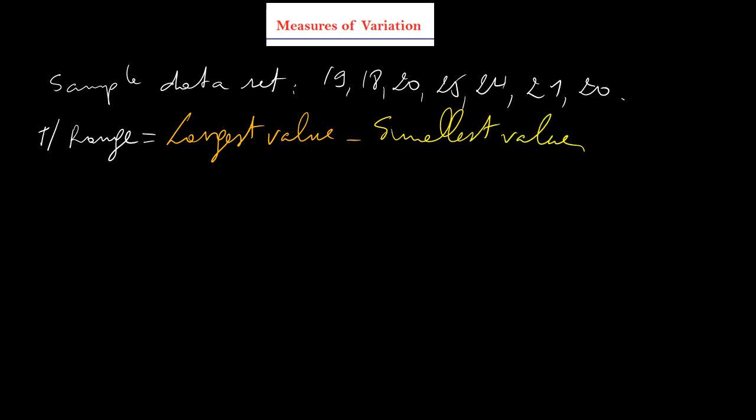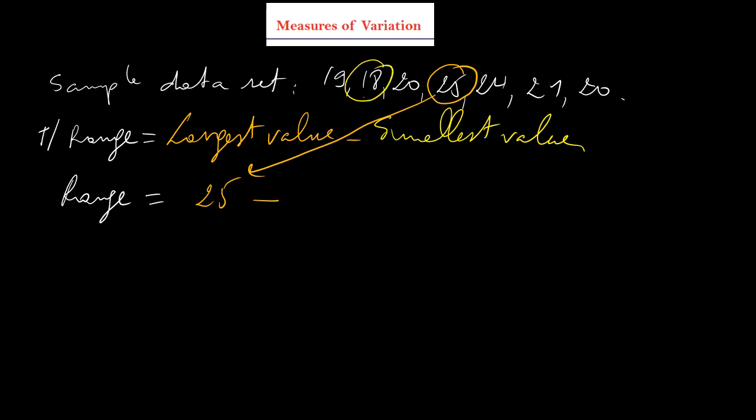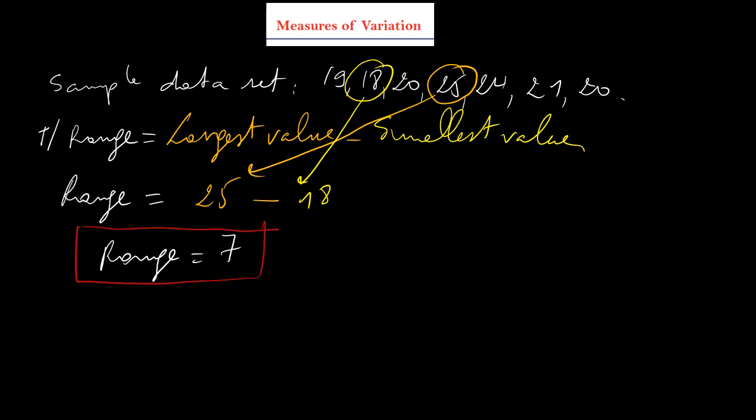In our case here, the range is equal to our largest value here, which is 25, minus the smallest one, which is 18. So here our range equals 7. This is the first measure of variation.